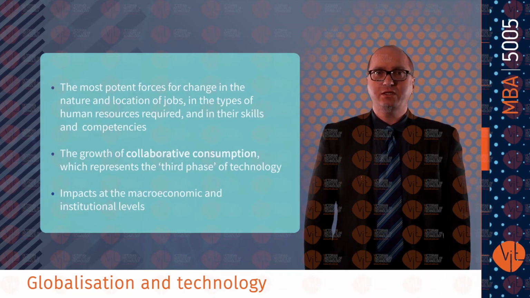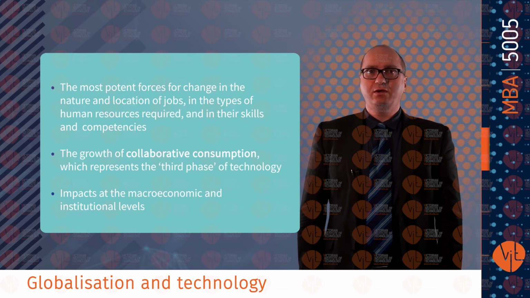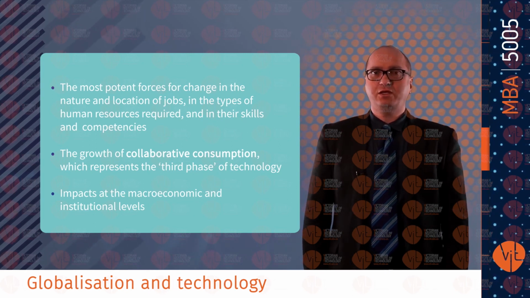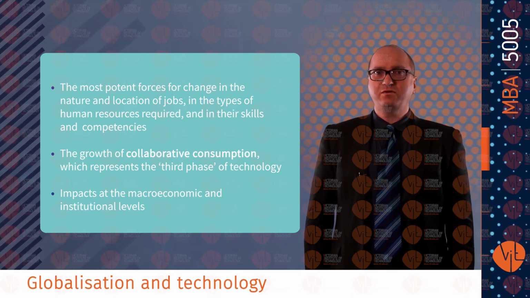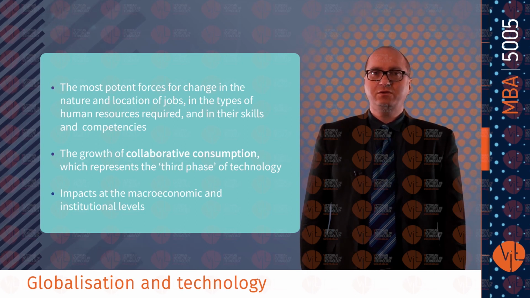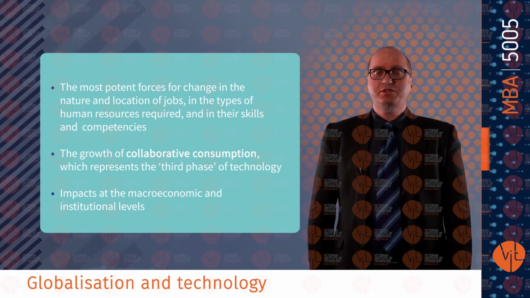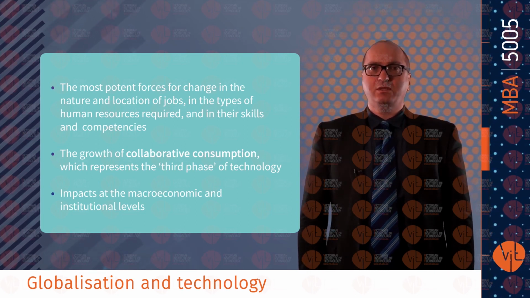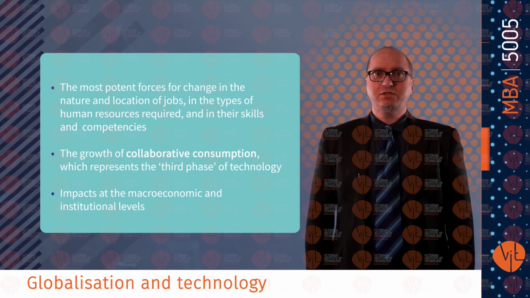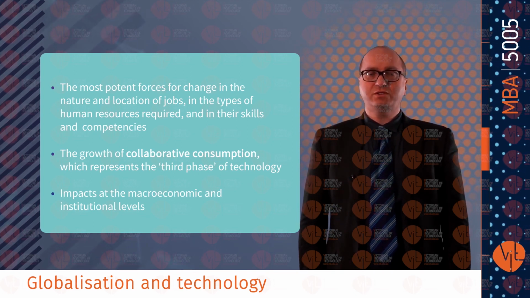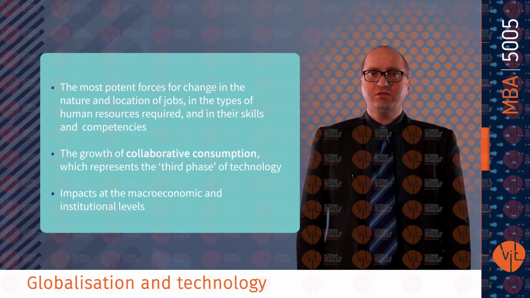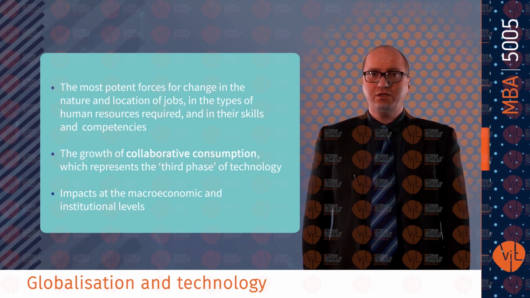We've indicated previously that globalization and technology is always an important aspect of change, and it requires a corresponding level of vigilance in human resource planning. These are the most important changes that influence human resources. It influences the type of resources needed. It influences what type of skills and competencies we require.